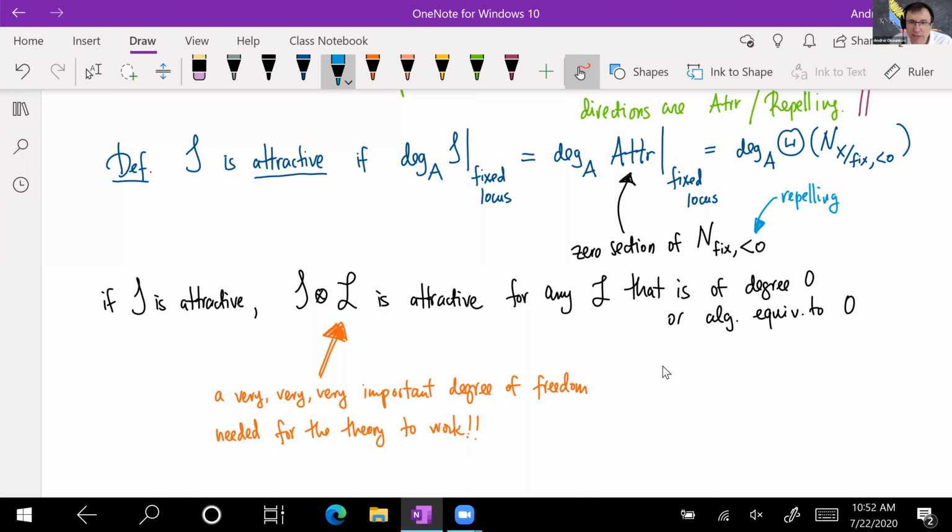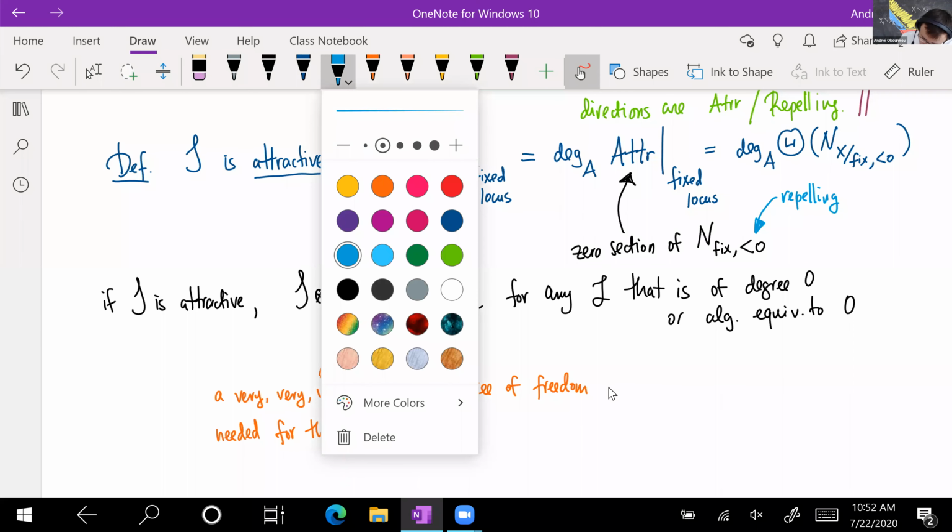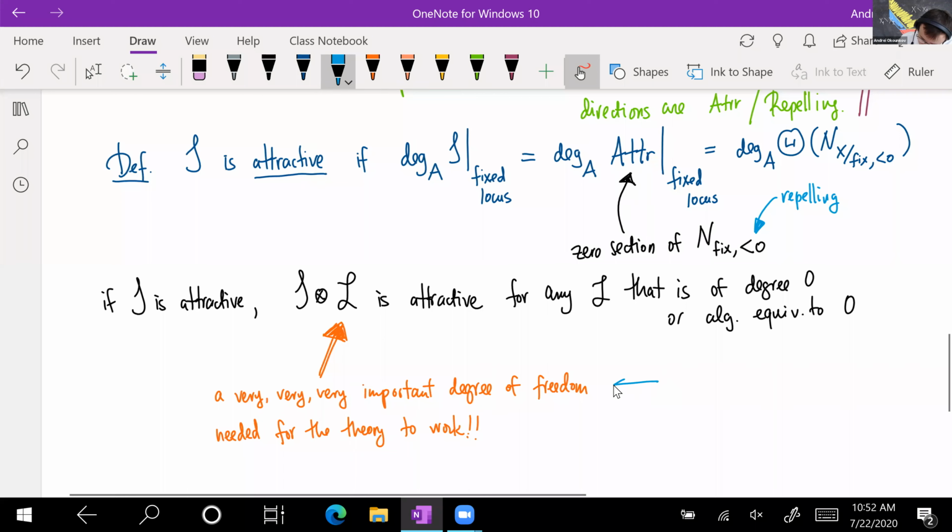You might have seen it before. If you've ever seen an elliptic quantum group, it has these funny variables which are called dynamical.